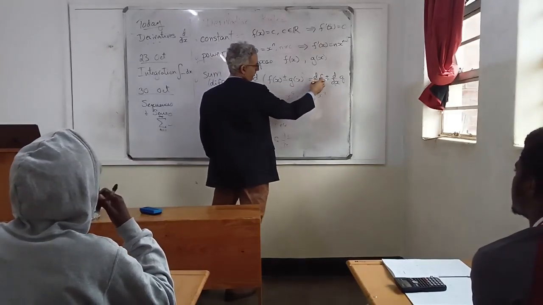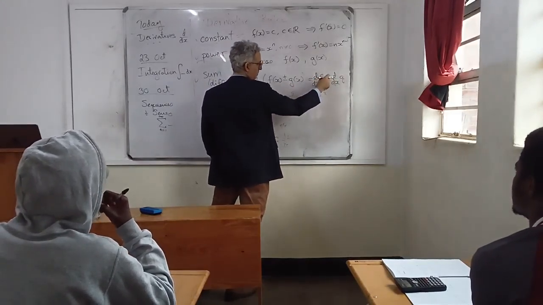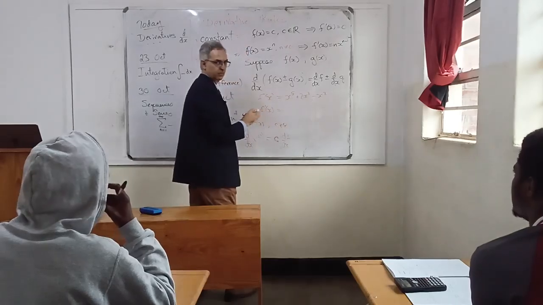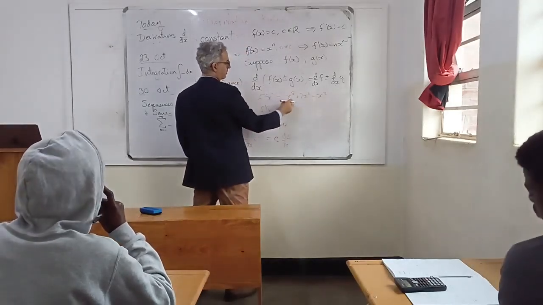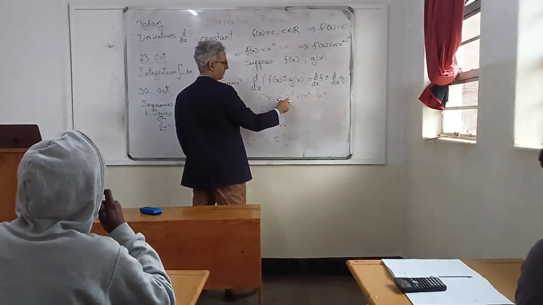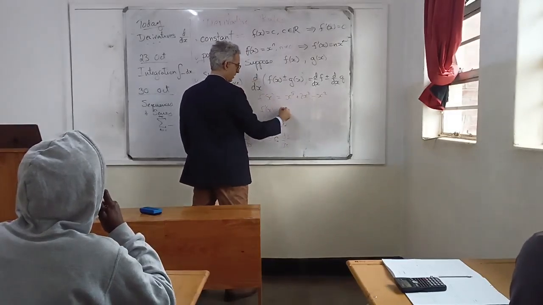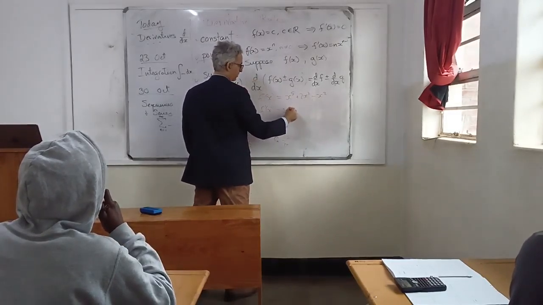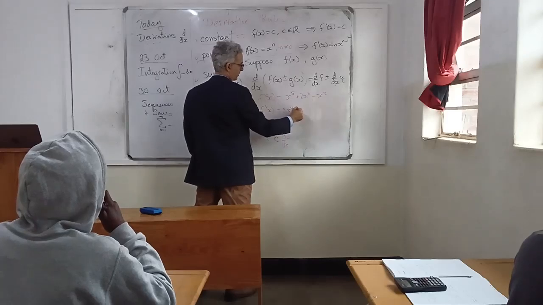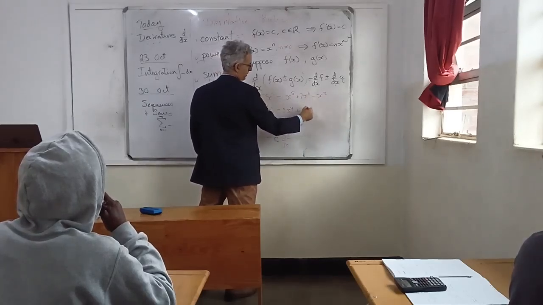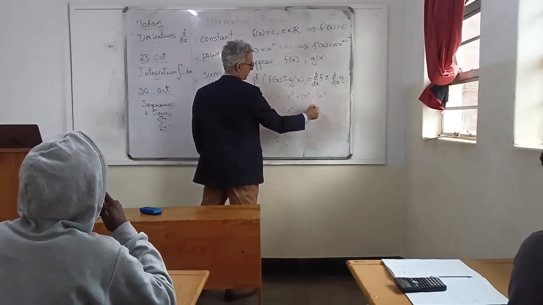We take the derivative of each one, and then we do the plus and minus. So what is the derivative of x to the 5? 5x to the 4, and then I have a plus 3 times 2 is 6, x squared.